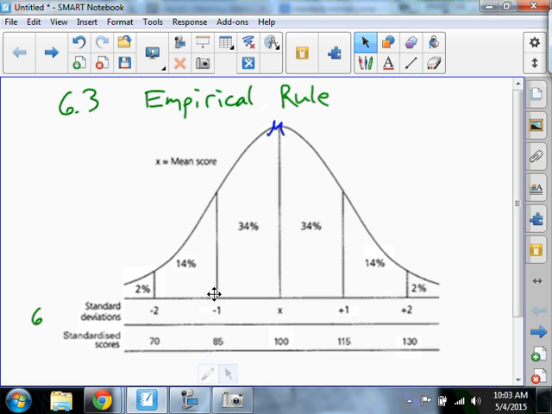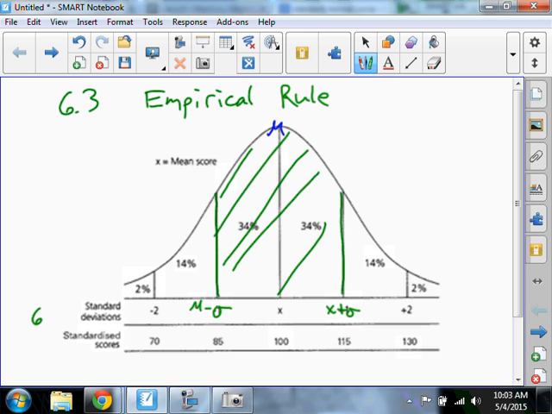So what this empirical rule says is this, that if you go one standard deviation below the mean, in other words, mu minus sigma, and one standard deviation above the mean, in other words, mu plus sigma, that in that interval, in that region, 68% of the data in the population would reside.